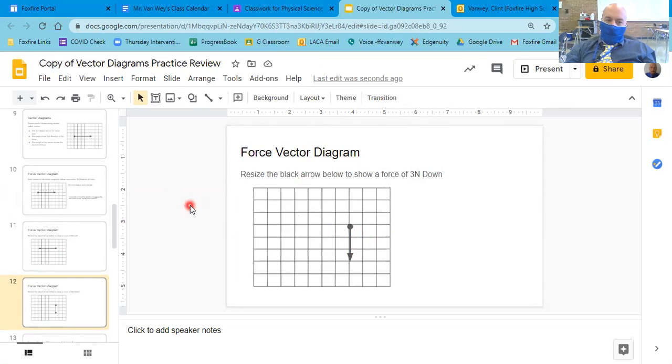So now we're drawing force vectors. When we were doing this on paper inside of class, this all made a lot more sense. We were able to get a lot more practice on it. But hopefully you see that the length of the arrow tells us how much force we're talking about. That's the whole point here.